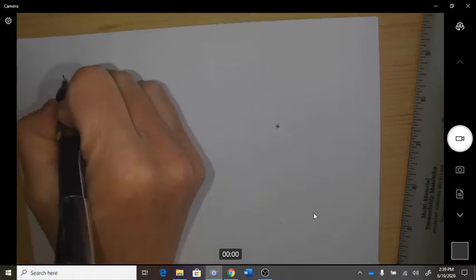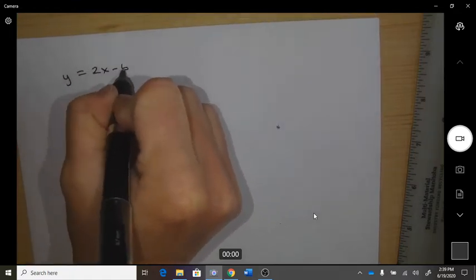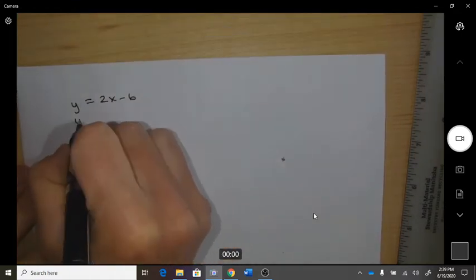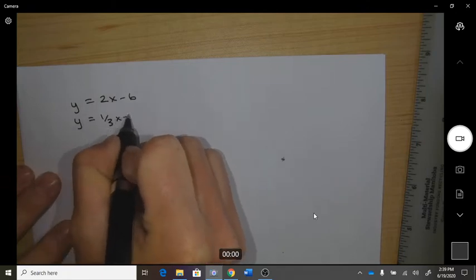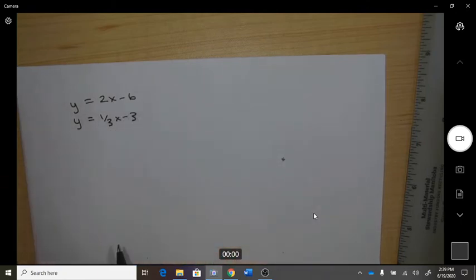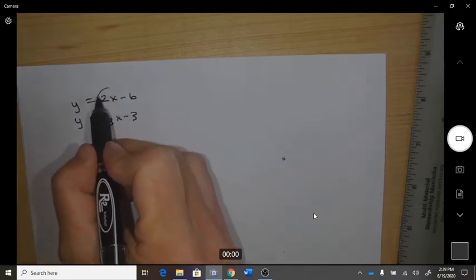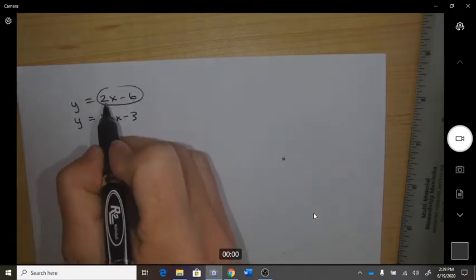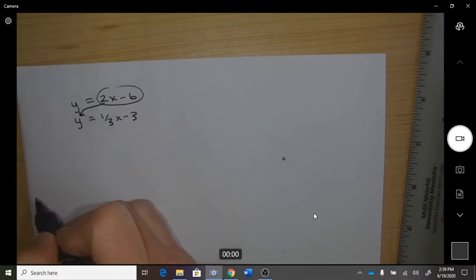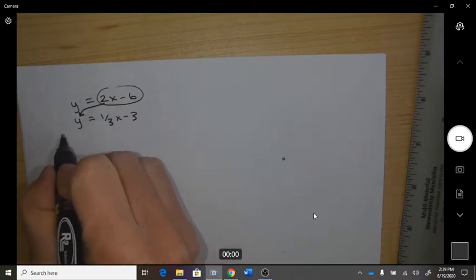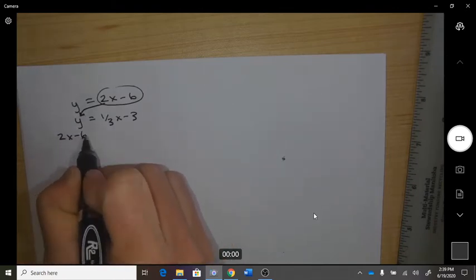Okay, let's try y equals 2x minus 6 as one line, and y equals 1/3 x minus 3. Okay, so y equals that, so I can replace that y. So 2x minus 6 instead of y.